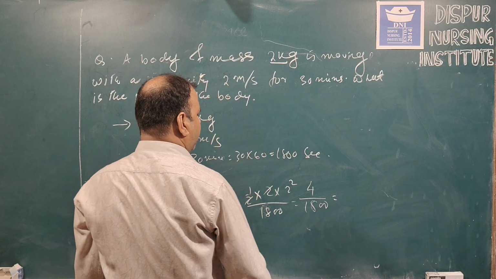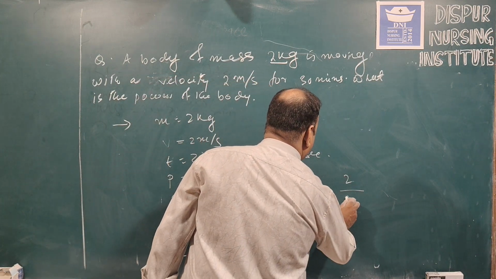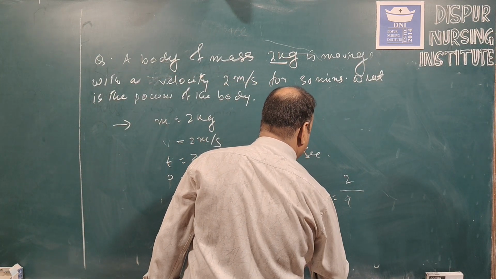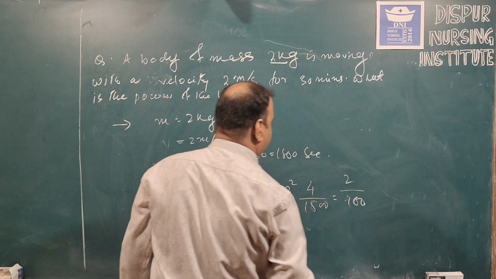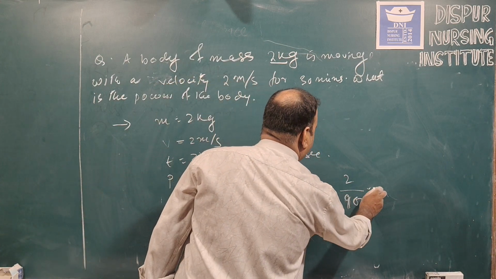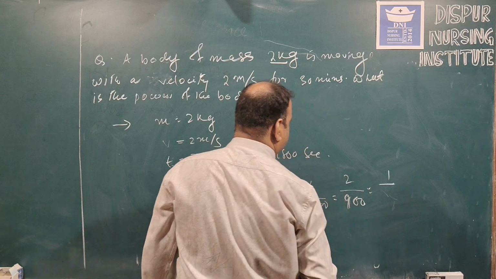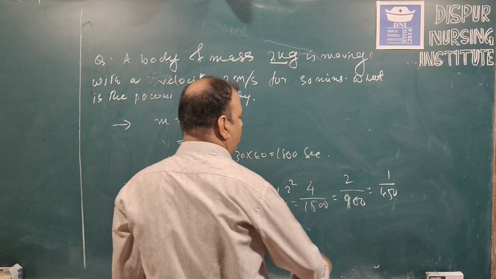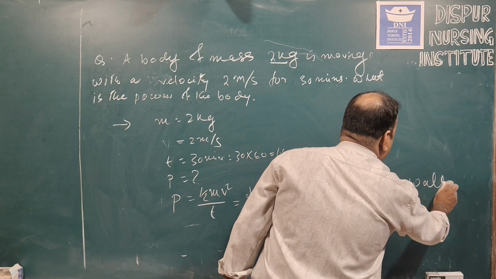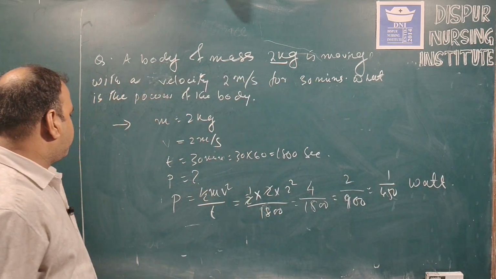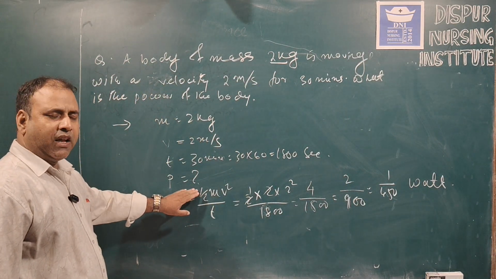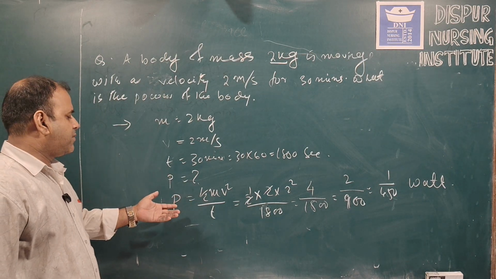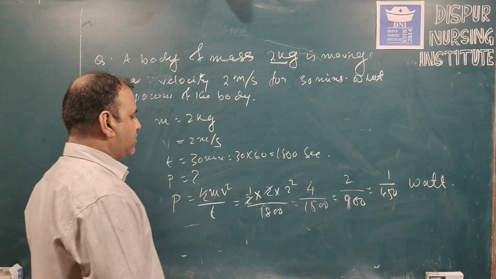So it will be 2 by 900, again 1 by 450. So this is the value in watt. Power can be expressed in terms of kinetic energy, and power can also be expressed in terms of potential energy.